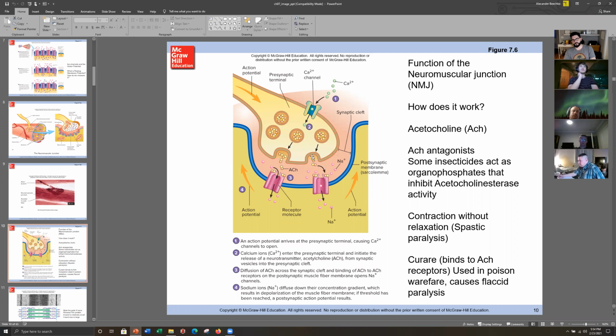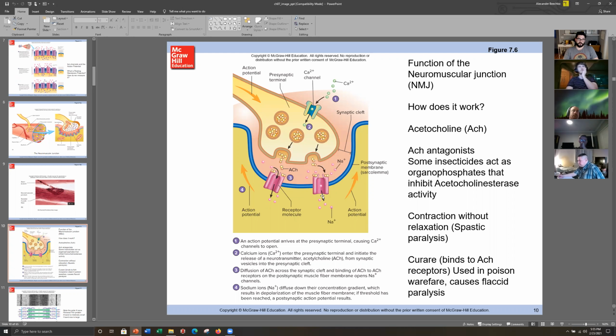So the vesicles here will then meld with the membrane here and then expel their contents into this cleft. And then via diffusion, so moving from high to low concentration, these chemicals will then move from the presynaptic terminal over here and then attach to these protein receptors on the target structure, on the target cell.